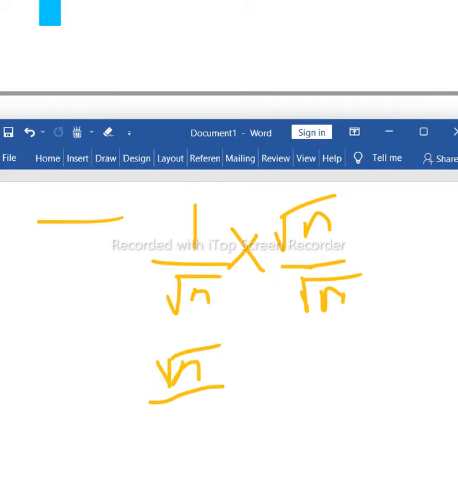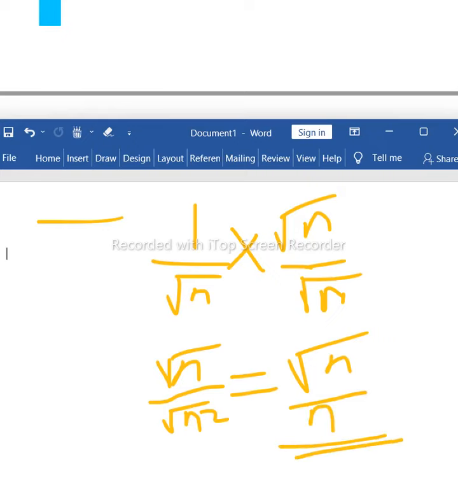Here we have square root of n times square root of n, which is square root of n squared, meaning n times n, so it is a perfect square. So our answer is square root of n over n.